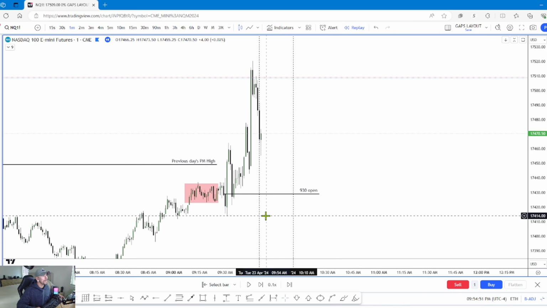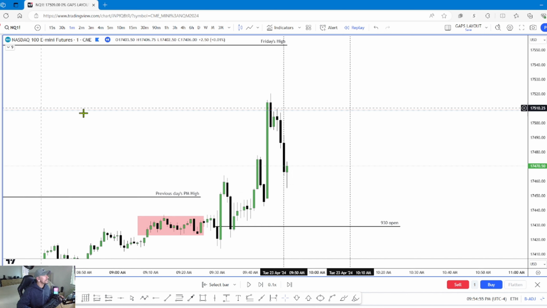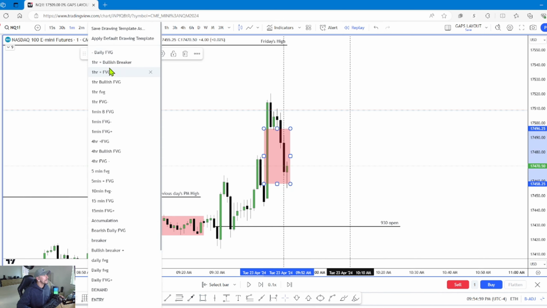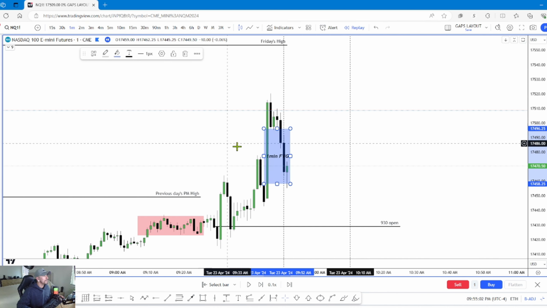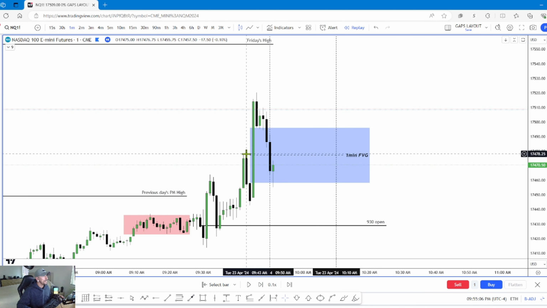Okay. So we have this very big 1-minute bullish gap in here. And we have this overlapping order block in here.